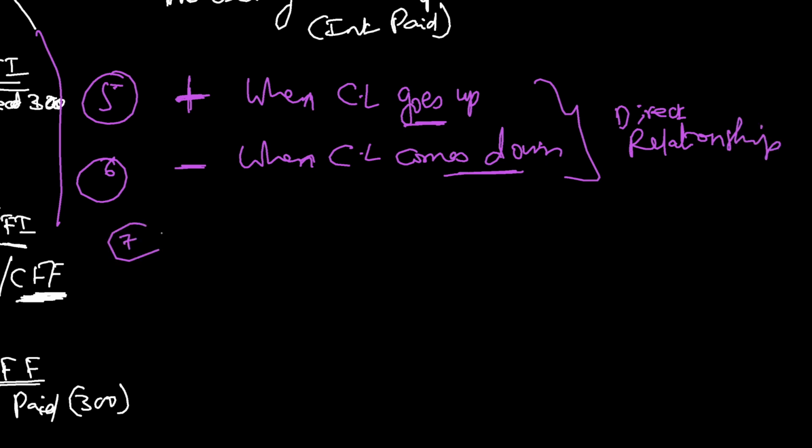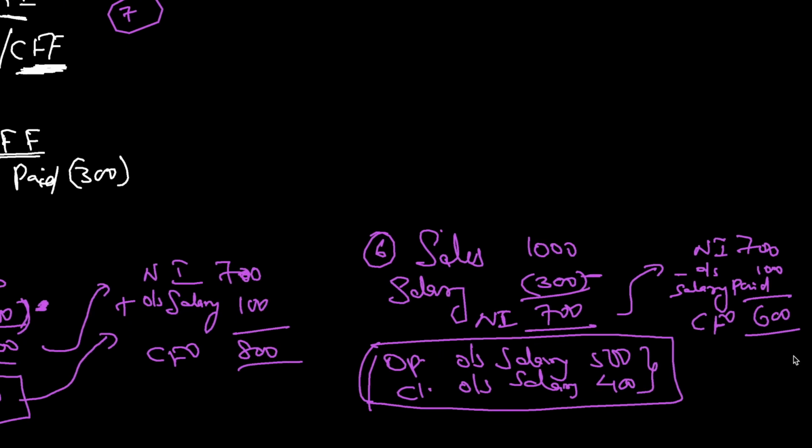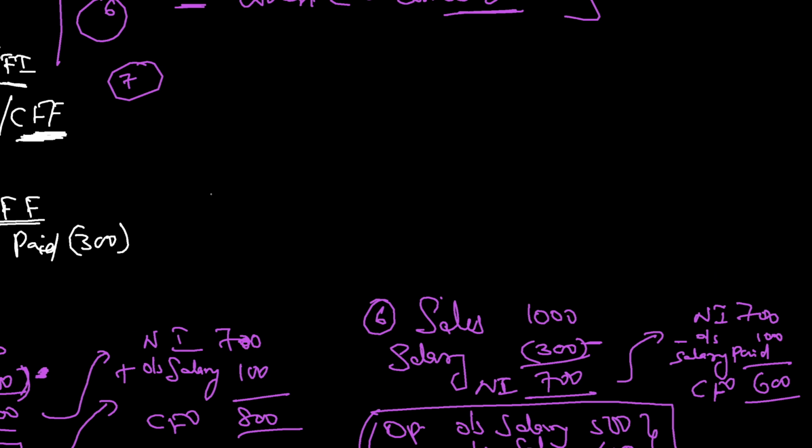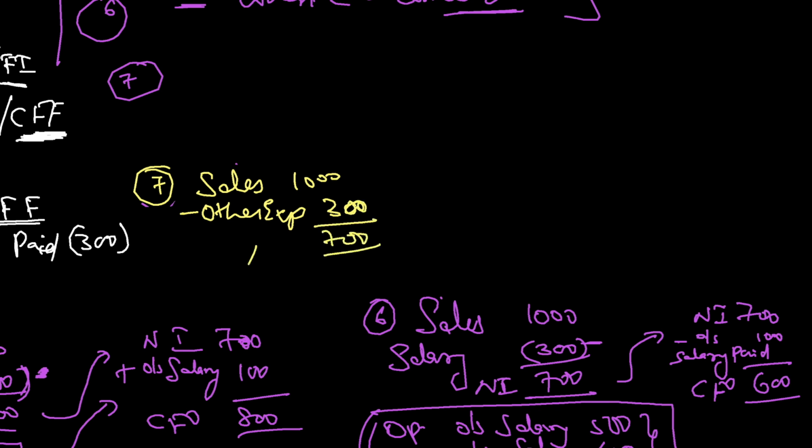Then the seventh point is pertaining to current assets. Let me write here the 7th point, sales 1000, then minus, let's say, other expenses 300, which is fine. 700 is the net income.